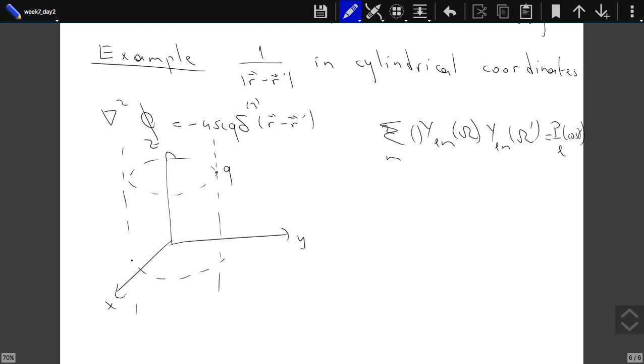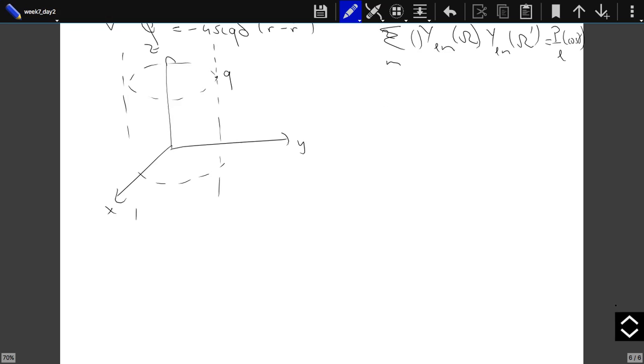So inside the cylinder, and outside the cylinder, the potential satisfies the Laplace's equation. Only on the boundary it doesn't satisfy the Laplace's equation.